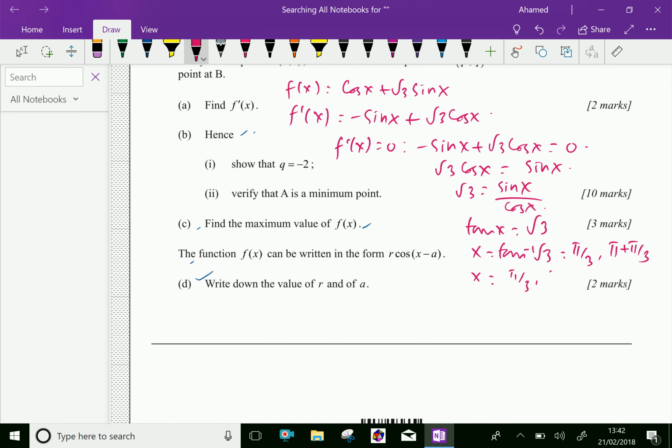Not 2 pi minus pi by 3. So the next one is 4 pi by 3. So we got the value of x.